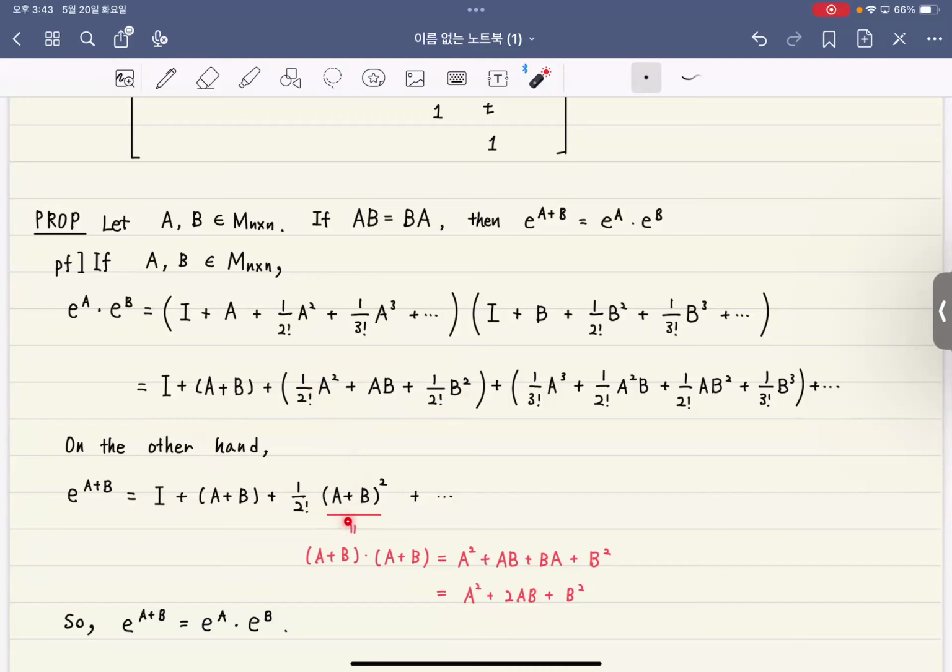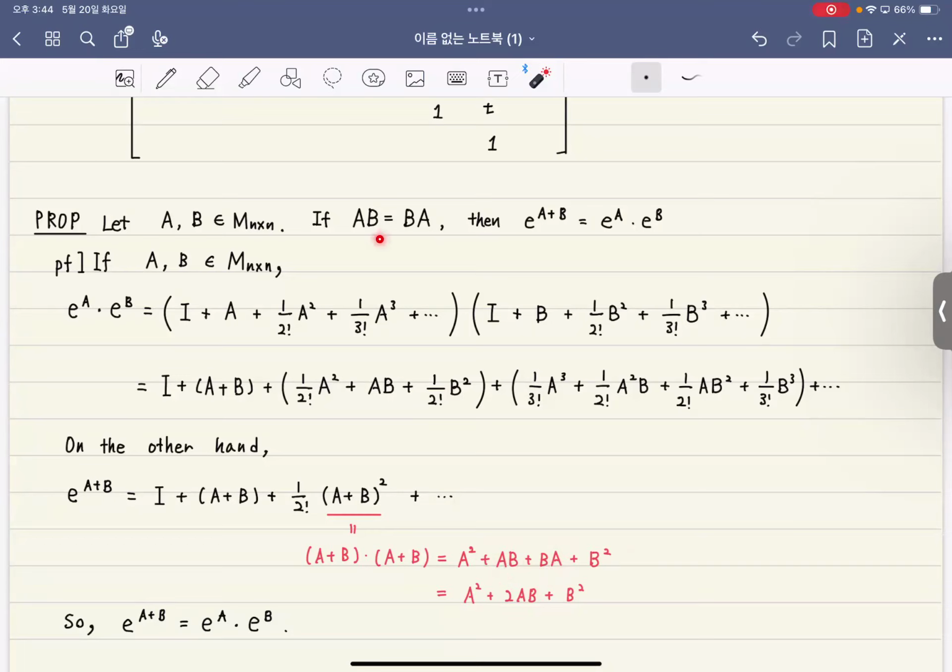So A plus B squared is A plus B times A plus B. But you have to remember, this is not multiplication of real numbers, this is multiplication of two matrices. So A times A, A times B, B times A and B squared, right? Generally speaking, AB is not the same as BA, so I would have to stop at this point.